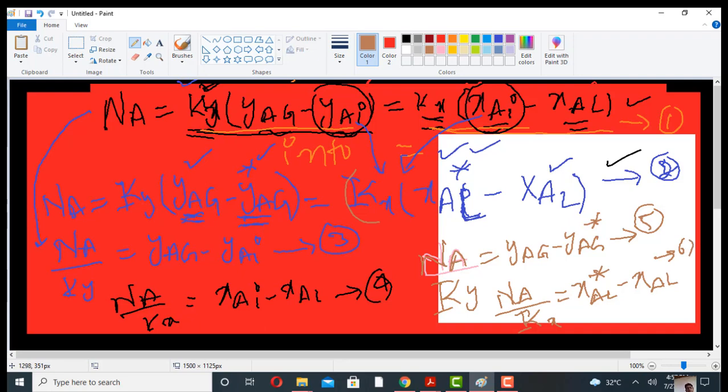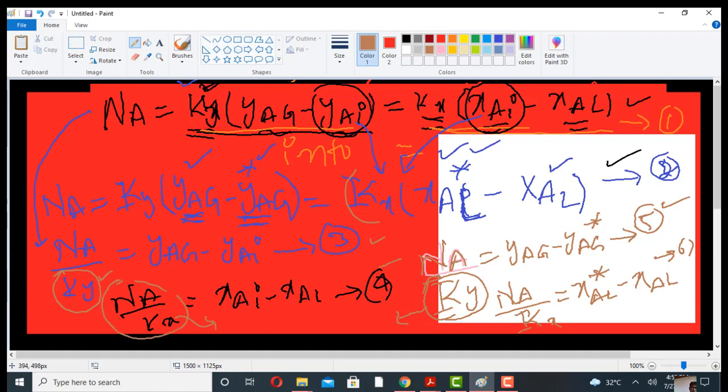Now from equation number 5, it consists of the overall mass transfer coefficient on the gas phase basis, and equation number 3 shows the individual mass transfer coefficient on the gas phase basis, and equation number 4 shows the individual mass transfer coefficient on the liquid phase basis.